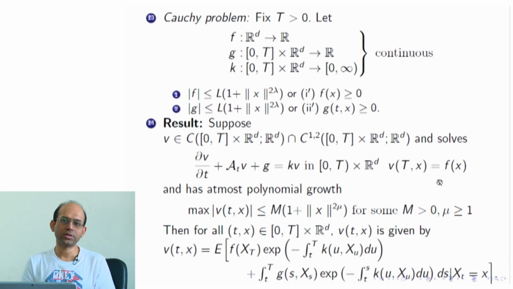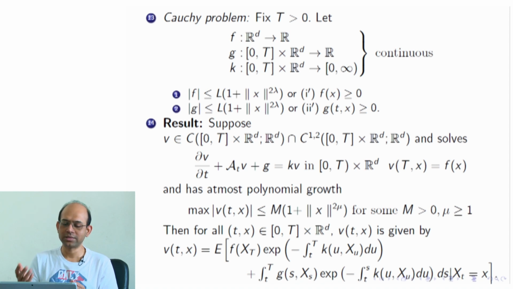If you remember, when we stated the Feynman-Kac formula, we did not have X as a solution of an SDE, but we had Brownian motion itself. Why? Because there the operator was just half the Laplacian. Since it was just half the Laplacian, we took the Brownian motion, but here it is a general variable coefficient second order elliptic operator.